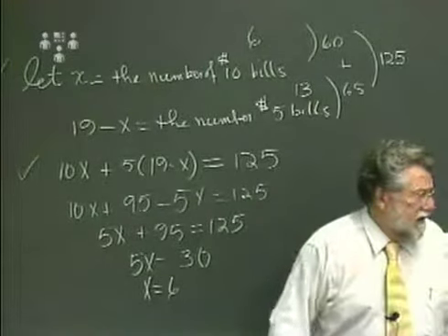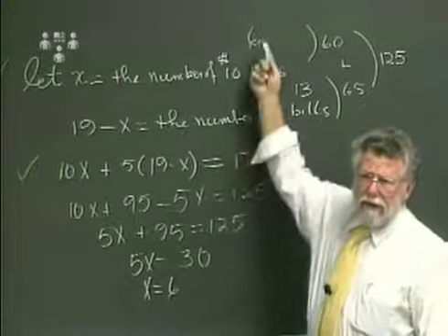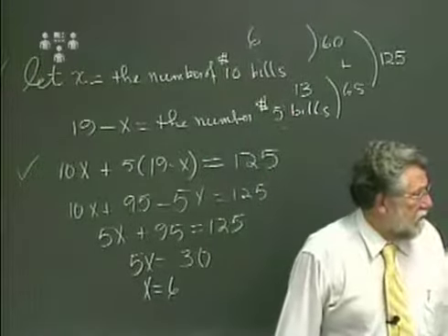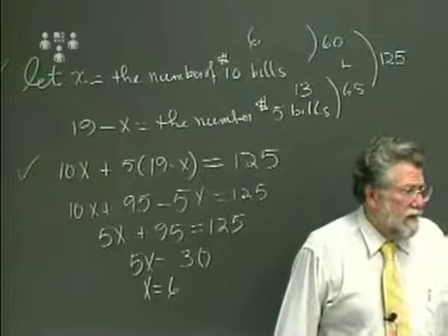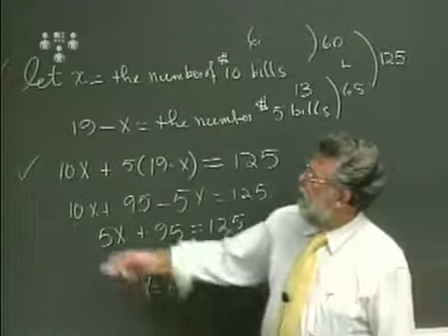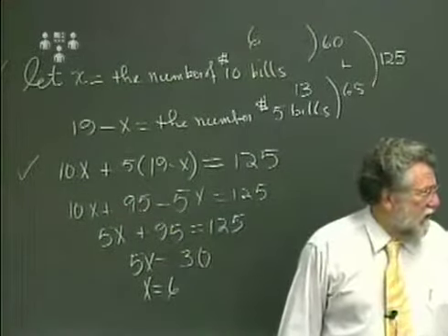It just reversed it. But would you still have the same combination of 6 10s and 13 5s? Yes. That wouldn't change. It's just the expression would look different, because here you would have had 5 for this and 10 for this, but you're still going to end up with the same answer at the end.